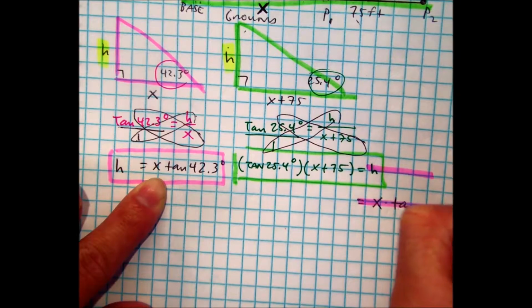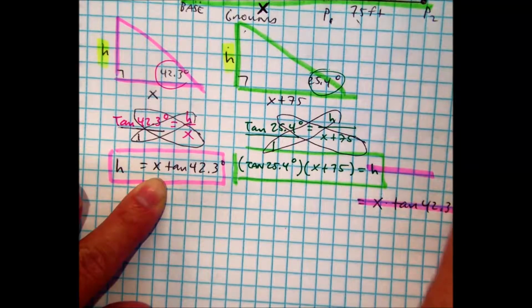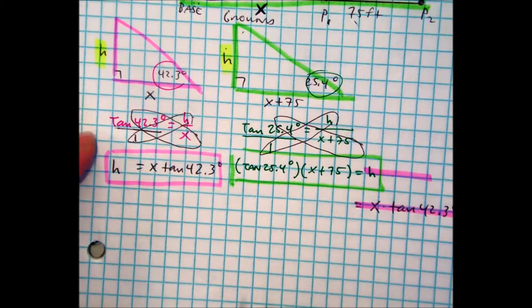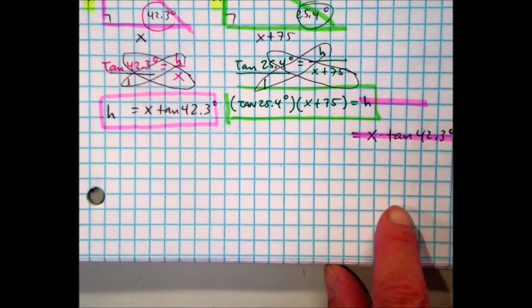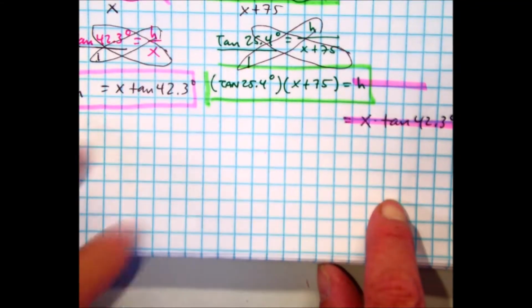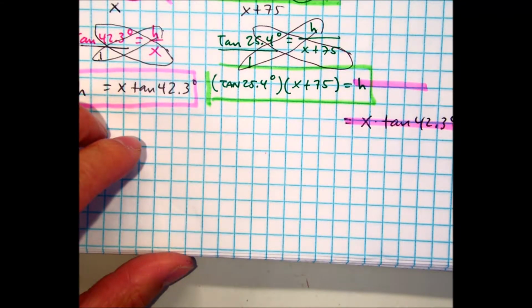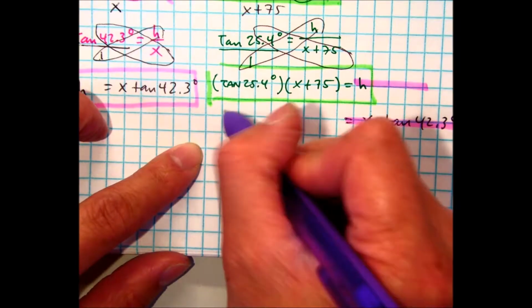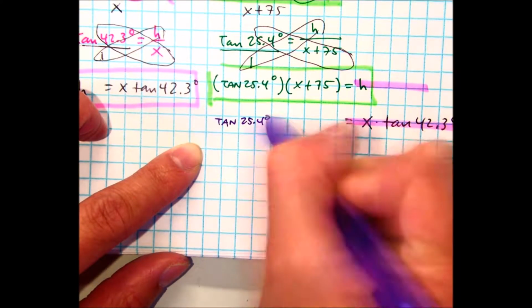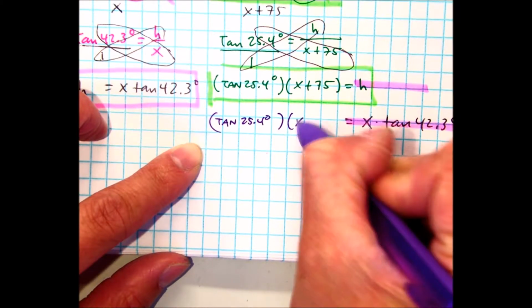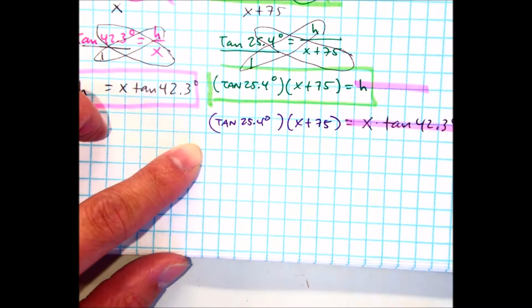X times tangent 42.3 degrees. When you're doing those substitutions, I think colors are helpful, so if you can use those, great. So on this side, I still have tangent of 25.4 degrees times x plus 75.